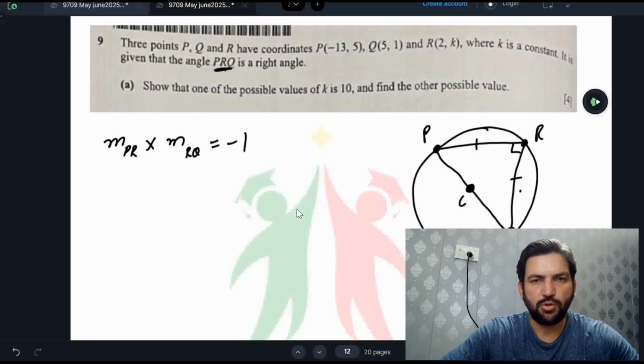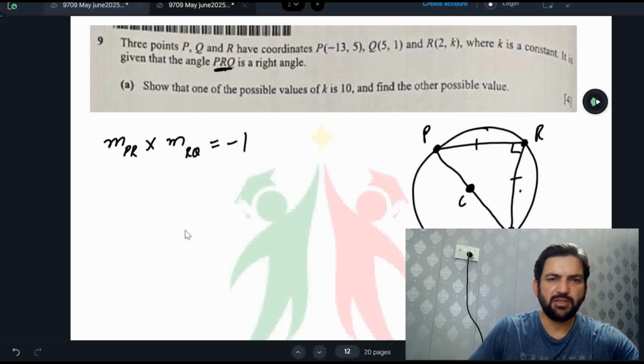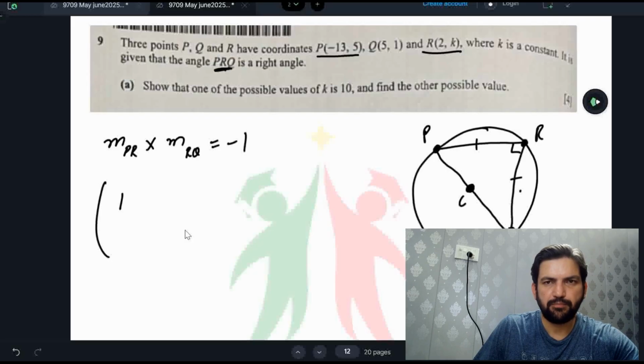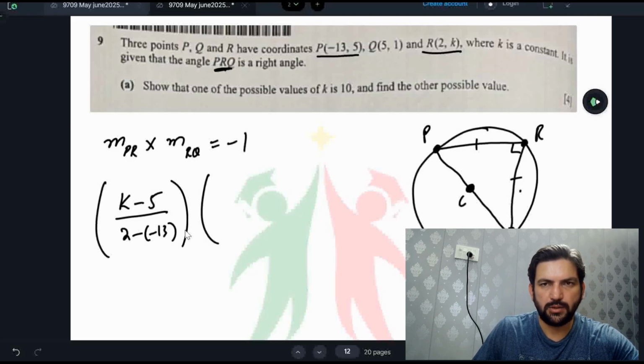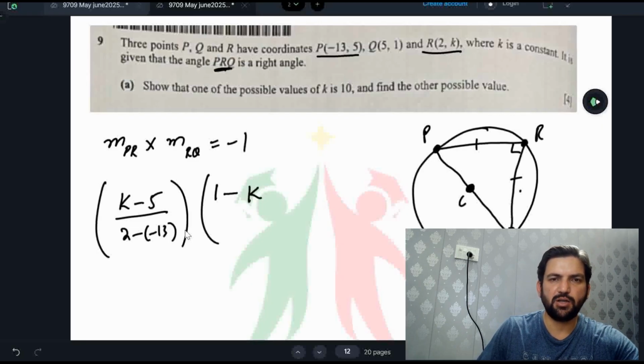So we can just use the basic gradient formula. For PR, this point is P and this point is R, so this should be K minus 5 divided by 2 minus 13, into 1 minus K, okay, RQ, basically this one is RQ or QR.